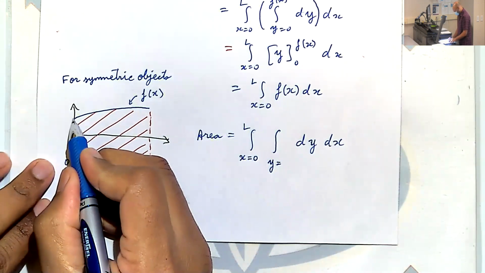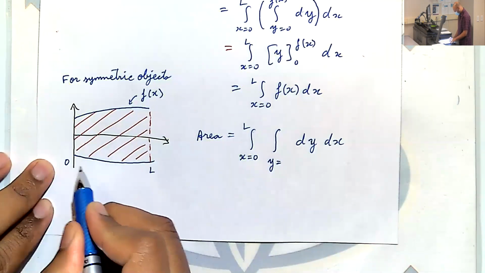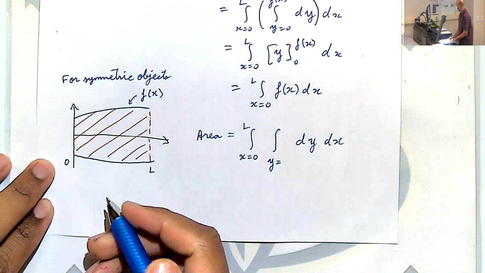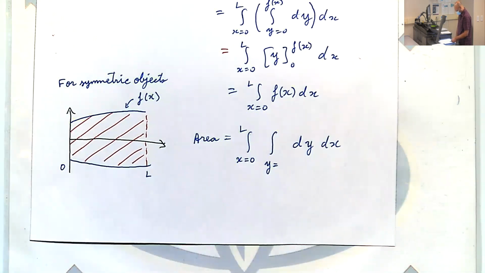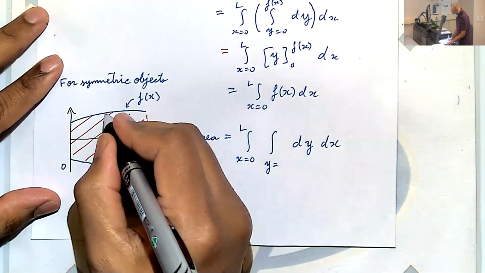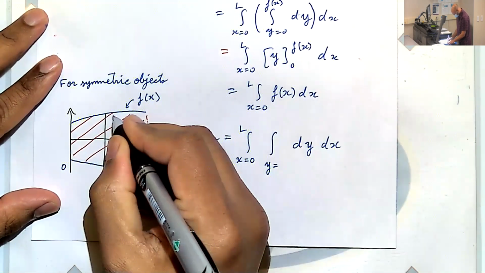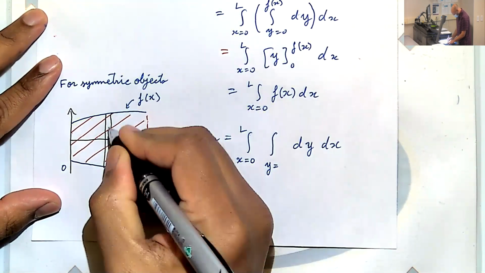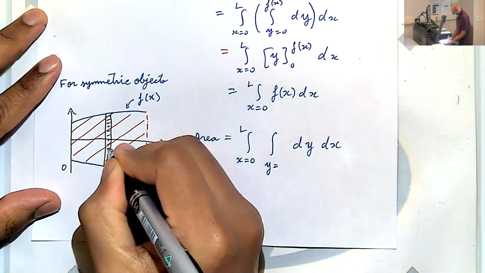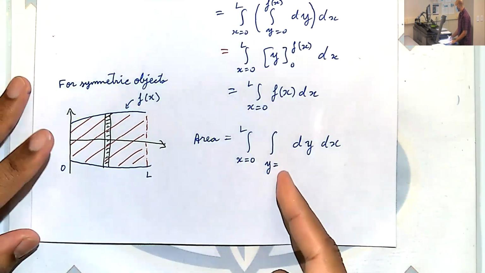Our hull edges are the top curve here and the bottom curve here. How do you write the limits here?